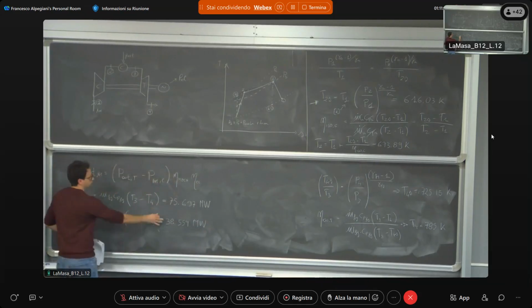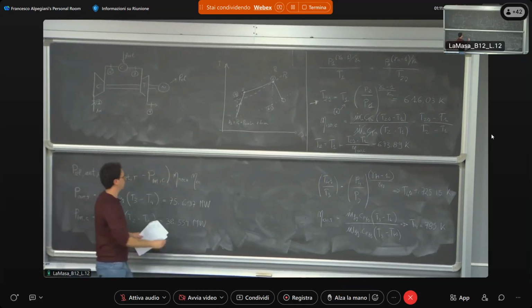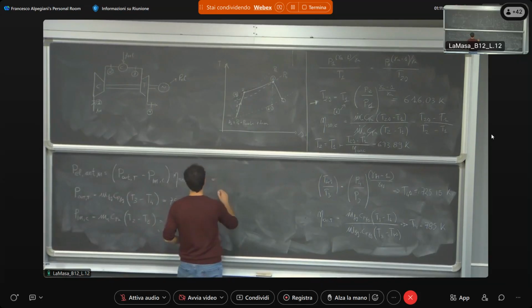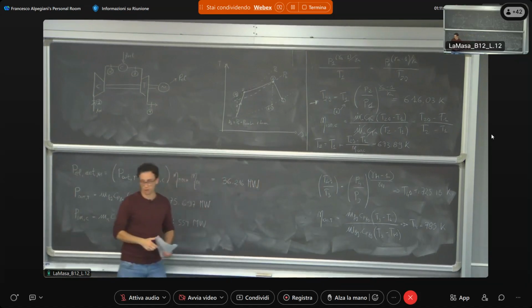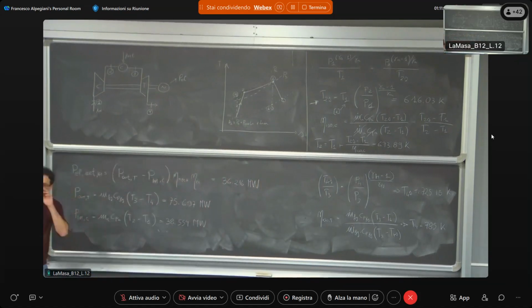So using these two values inside this formula, and multiplying by the mechanical efficiency and the electrical efficiency, we can arrive at the net electric power output of the gas turbine, which is equal to 36.216 megawatt. Okay.